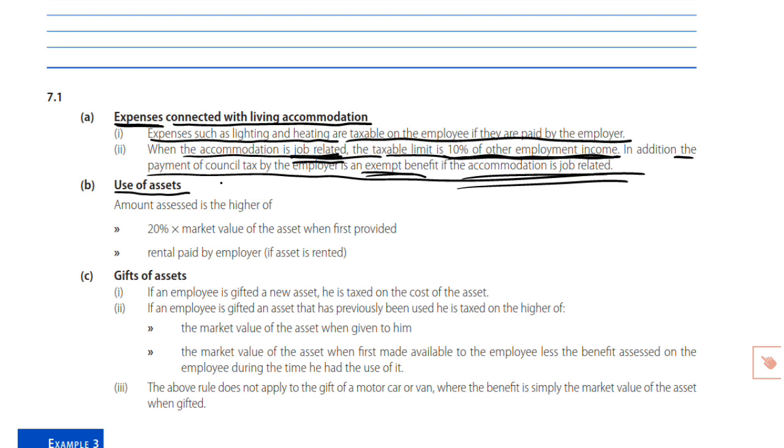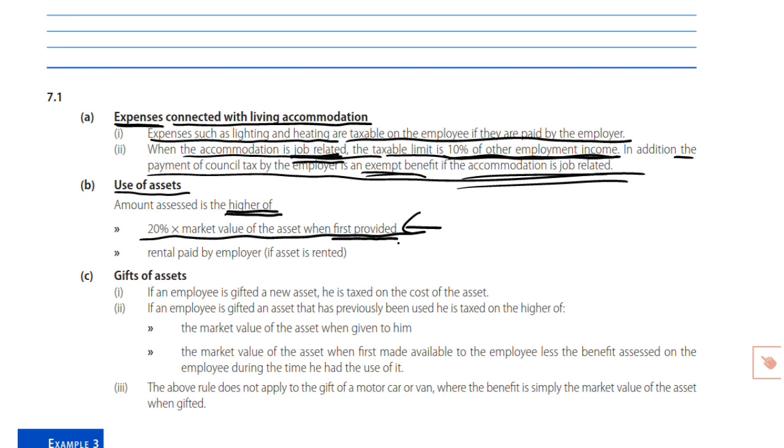Now that 10% figure there also puts a cap on not just those expenses, but also the use of assets. What may happen is that it's not just an empty property that is provided to the employee for then the employee to furnish the way that they will. What you might have is that it's furnished by the employer. So in relation to the use of such assets, the amount assessed is the higher of. Here's again a rule that needs to be learnt. 20% of the market value of the asset when first provided. Now that is when first provided to any employee, not necessarily just this employee.